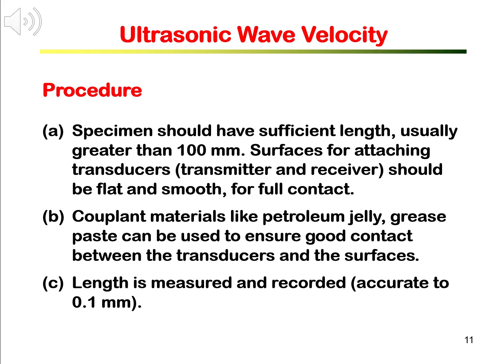The end surfaces should be flat and smooth for good contact with the transmitter and the receiver transducers. Couplant materials like petroleum jelly, grease, or paste can be used to ensure good contact between the transducers and the rock surface.